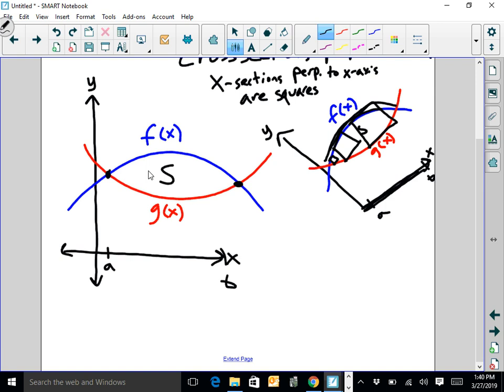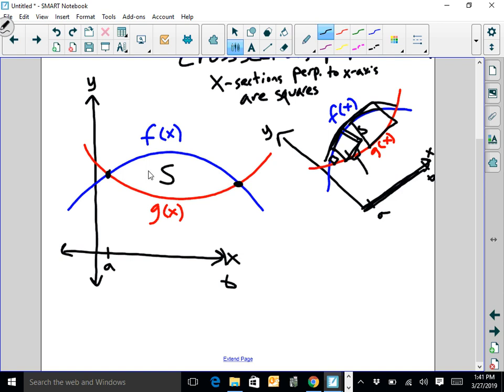In this whole unit, sometimes we'll have squares, sometimes right triangles, sometimes semicircles. Could have a lot of different things. But what we want to figure out is how we are going to find the volume of this. Think about pulling out one of these squares, and once again, we're going to have a thickness of dx.